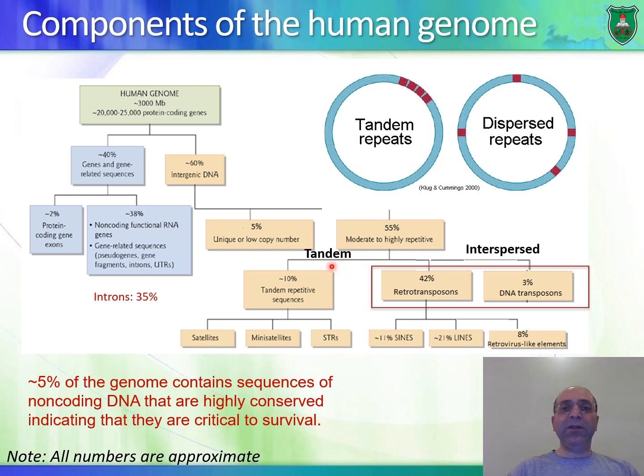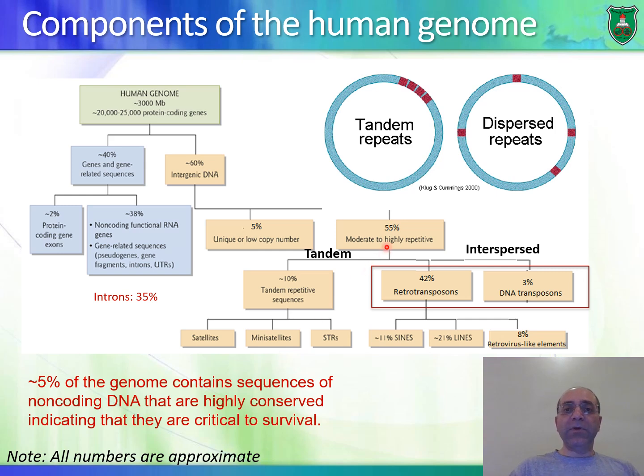You have tandem repeats, which means it's the same repeat, but they are very close to each other, one after the other. About 10% of the human genome is tandem repeats, and these can be divided into satellites, minisatellites, and microsatellites or STRs, short tandem repeats, and we'll talk about these three.